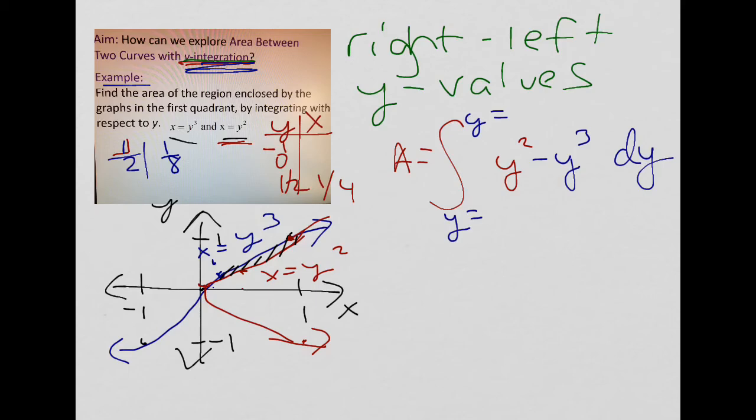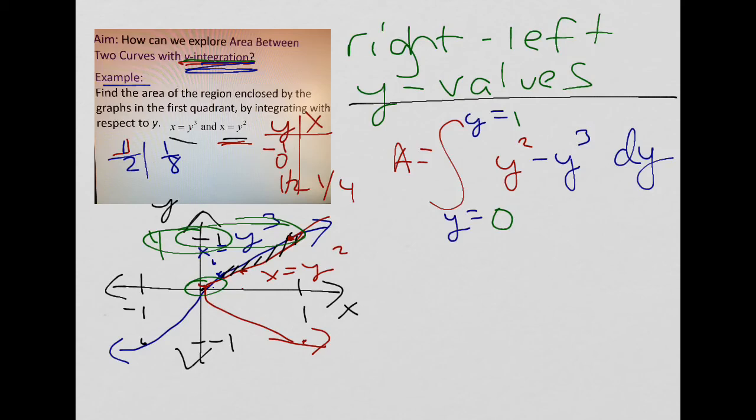So take a look at your graph to determine the y values. So the region kind of starts here where y is 0. And then it goes up to here where y is 1. Okay, so please be careful that you actually choose the y values. Okay, and then we can integrate.